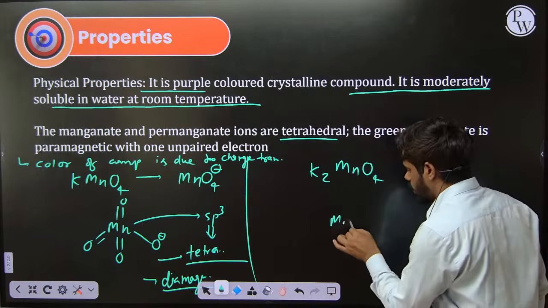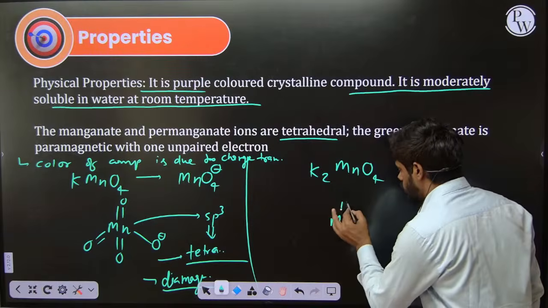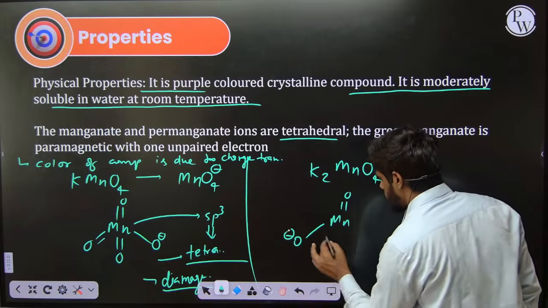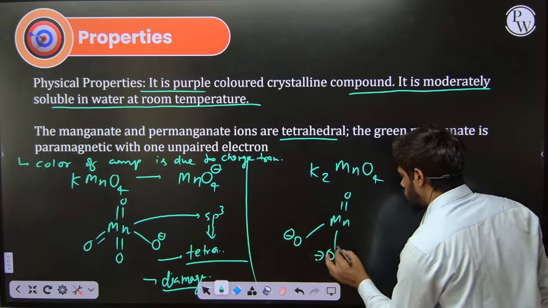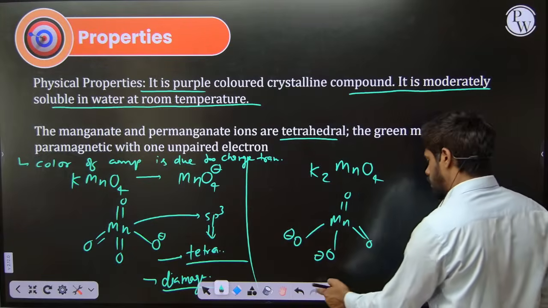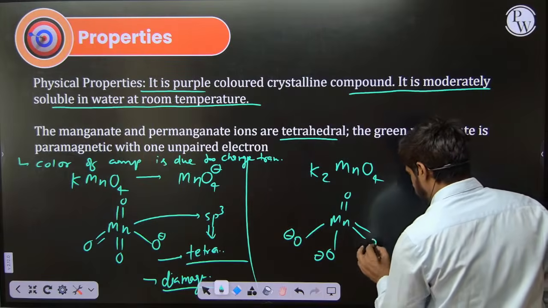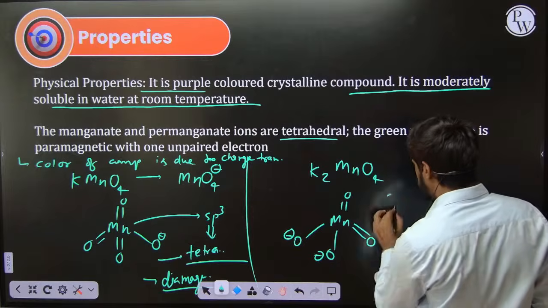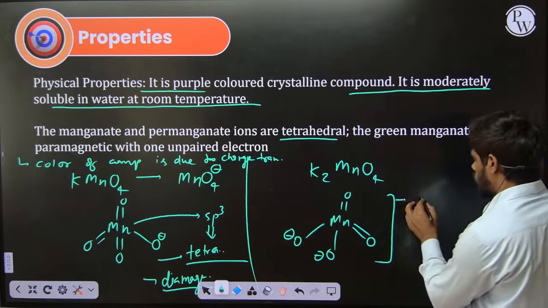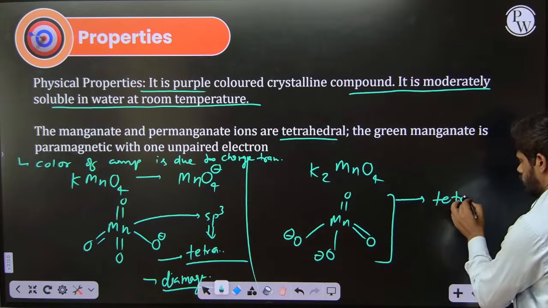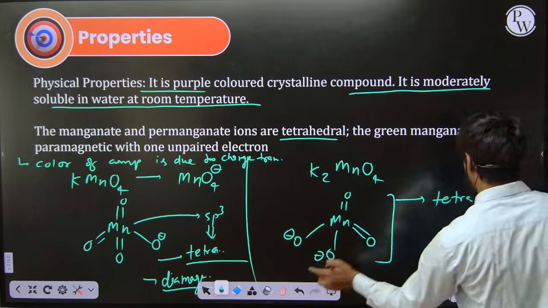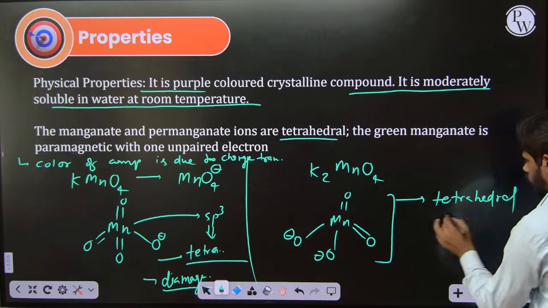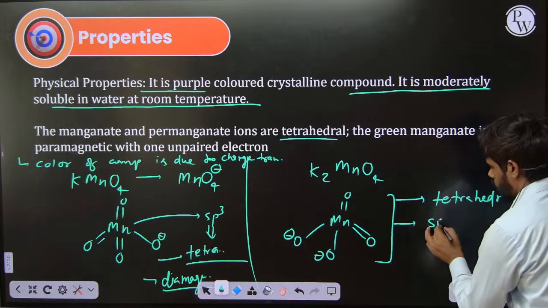Next, it is K2MnO4, where 2 oxygens get a negative charge, 1 oxygen, 2 oxygen. This is potassium manganate, which is also tetrahedral. Second, it is sp3.